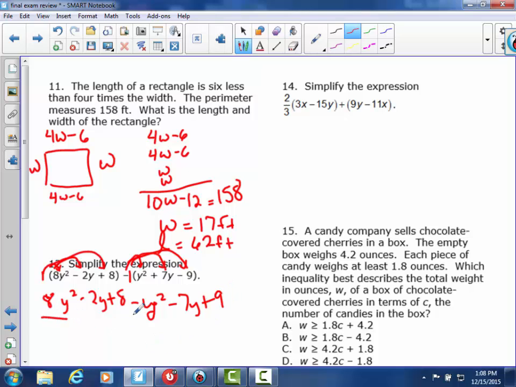Combining like terms, 8y squared minus 1y squared would be 7y squared. -2y minus 7y is -9y. And 8 plus 9 is 17.